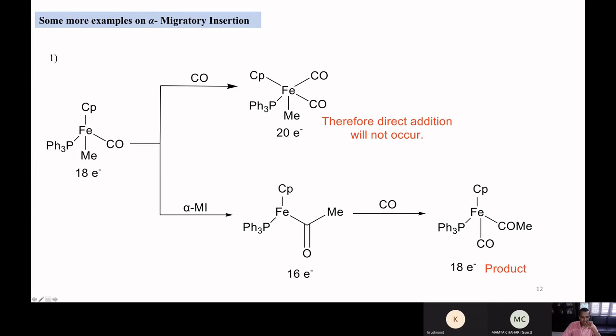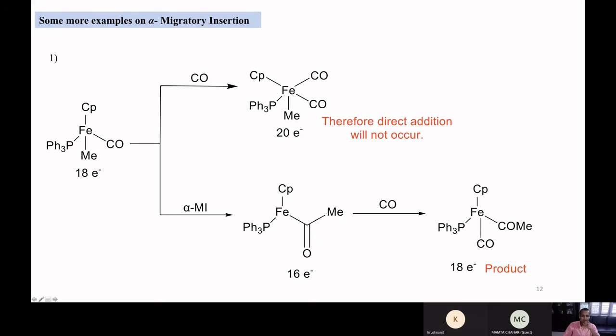Now these three ligands give you 2, 2, 2, 6 electrons, plus 6 from iron 2 plus, 12. Cp minus, which is basically a 6 electron system, gives you a total of 18 electrons, right? The electron count for this is a total of 18.